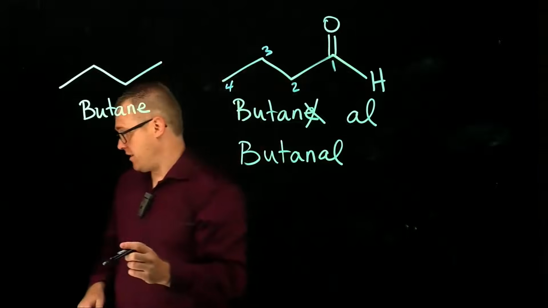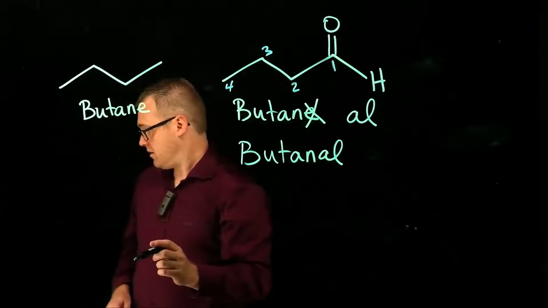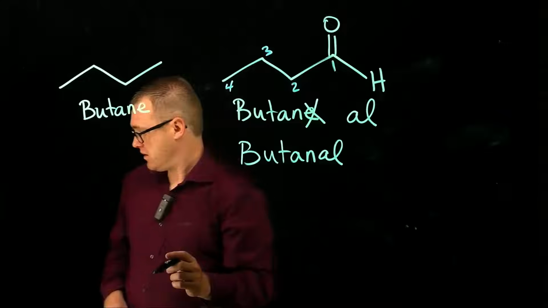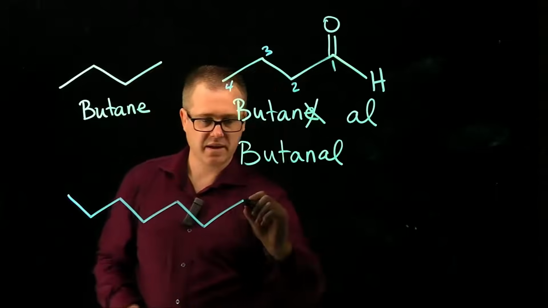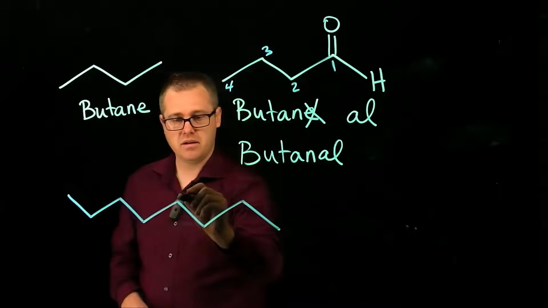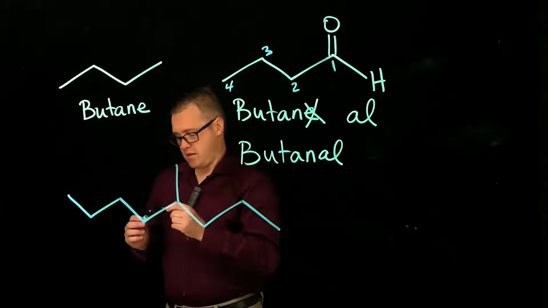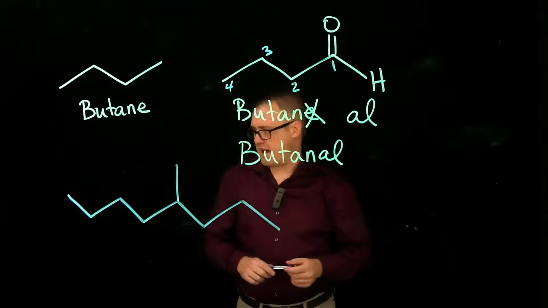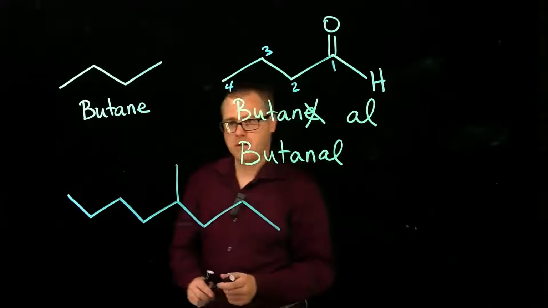Now if we take another example here, let's see, 2, 3, 4, 5, 6, 7, 8. So we have 8 carbons there. So when we look at that molecule, we need to find the longest carbon chain, right?